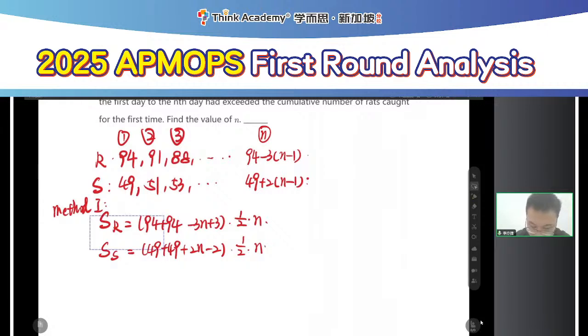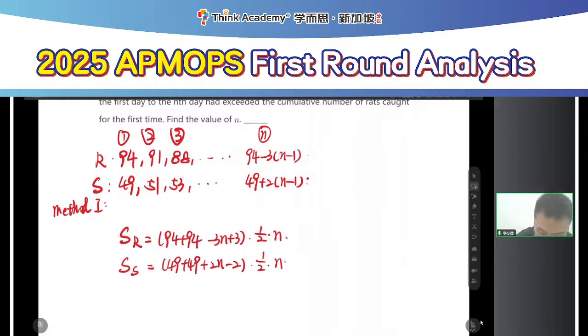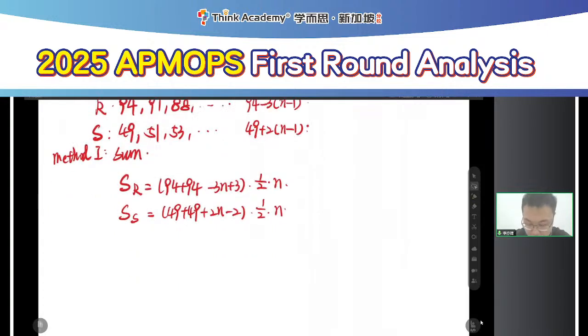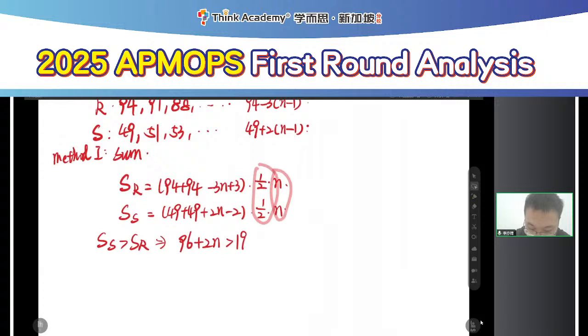It just uses the sum. We express the sum, and we notice that the number of terms is exactly the same. They're all n, and the half is the same. So if the squirrel is larger than the rat, we get 96 plus 2n should be larger than 191 minus 3n.